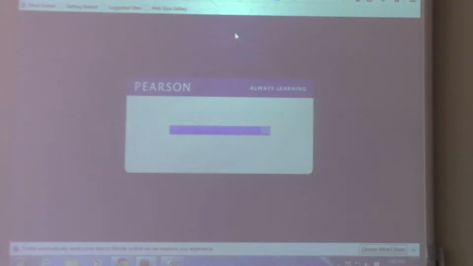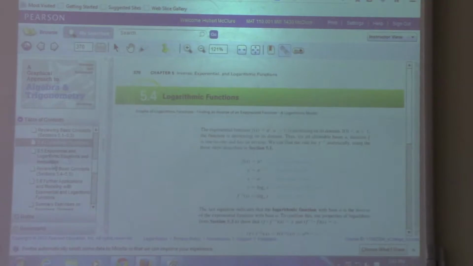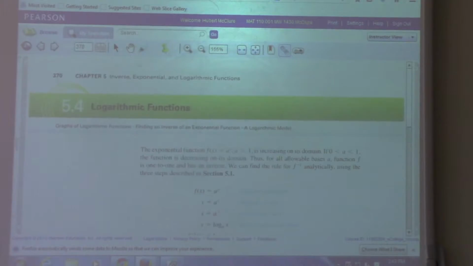I think we're finishing up the chapter. It's chapter 5. 5.4 should be logarithm functions, logarithm equations. There we go.